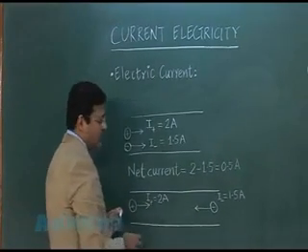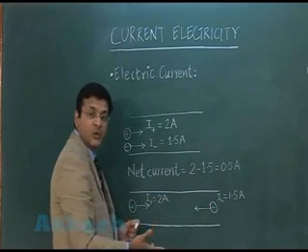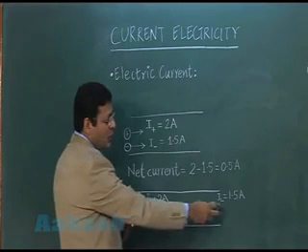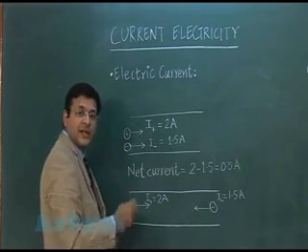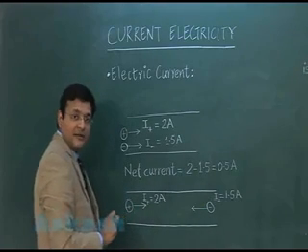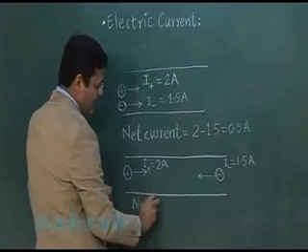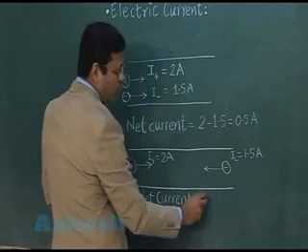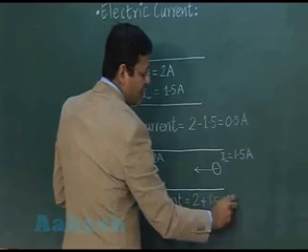This negative current, if it is converted into conventional current, its direction will be opposite to the actual flow, that is in this direction. So the net current will be summation of 2 ampere and 1.5 ampere, that is 3.5 ampere.